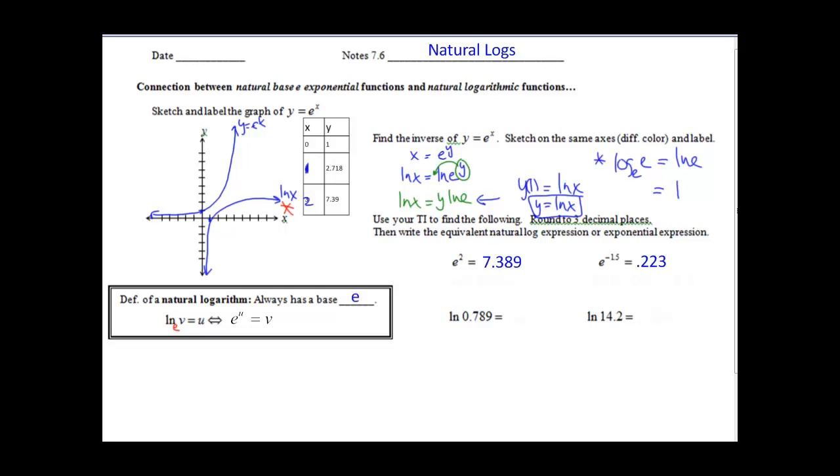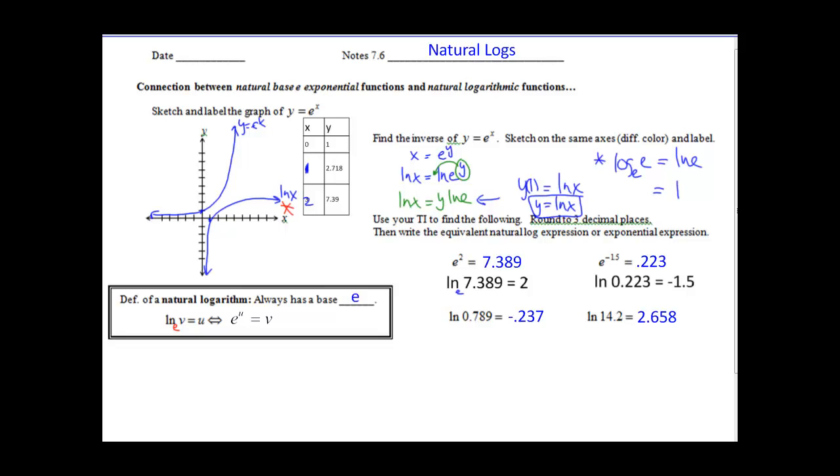If we rewrite these as natural logs, remember, the answer is equal to the exponent, so it equals 2. So we go, okay, this is the ln of 7.389 equals 2. Remember down here, this little base e. Okay. So then this one should be the ln of 0.223 equals negative 1.5. If we go backwards and you use the ln button, ln of 0.789 should be equal to negative 0.237, and the ln of 14.2 should be equal to 2.658.